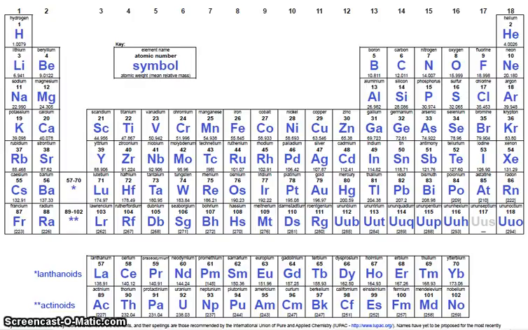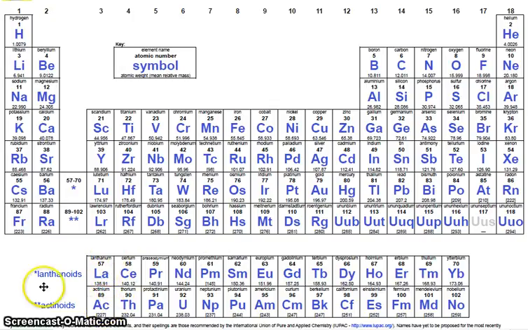So looking at this periodic table that we have in front of us, there are 1, 2, 3, 4, 5, 6, 7 periods, and you can see that the groups or the columns are labeled 1 through 18 across the top. You'll notice that there are these 2 weird little rows down here. The reason the periodic table is so funny looking is they wanted it to be able to fit on one page.